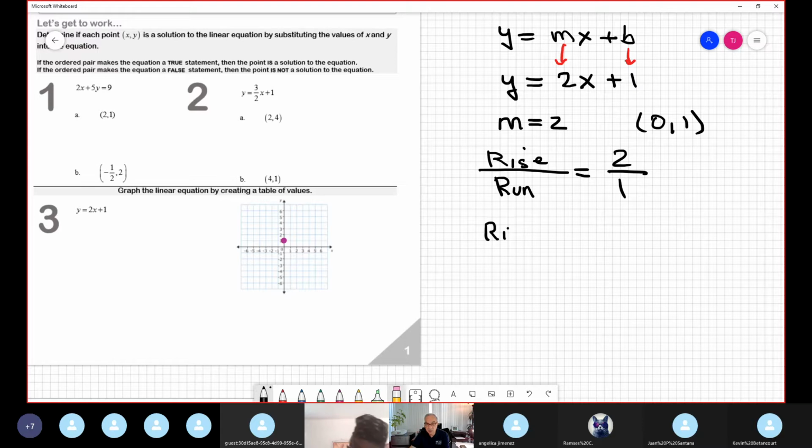Conclusion: rise is 2 and run is 1. When the rise is positive, it's up; negative is down. And run is always to the right. So from the given point, I move 2 units up.